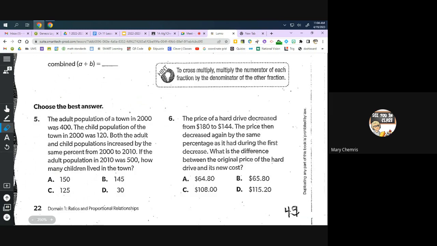Okay, so it went from 180 to 144. So the old is 180 and the new is 144. So the change is 36.